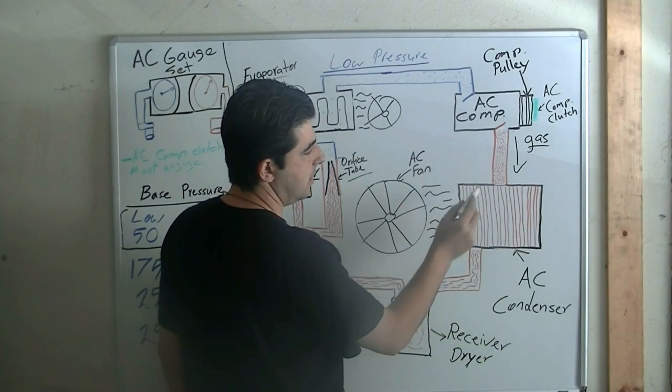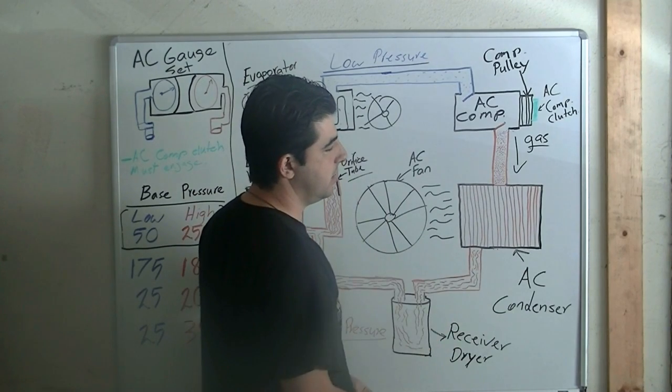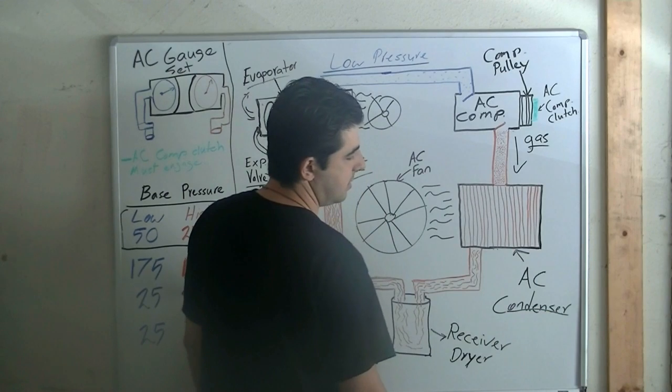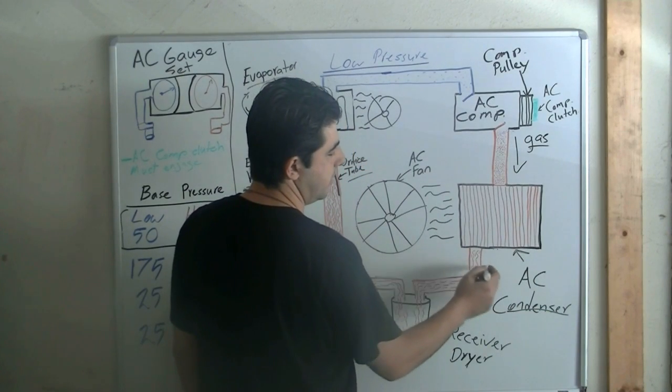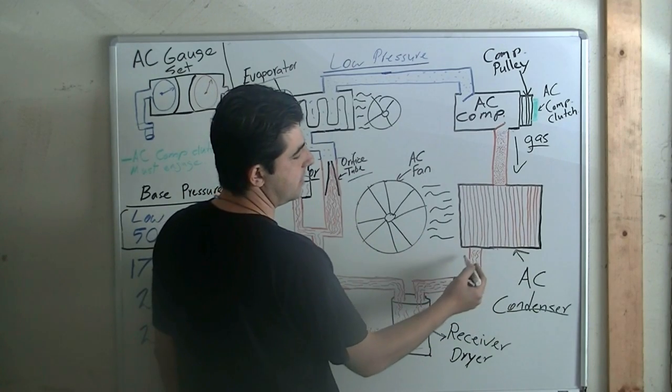After your refrigerant, which is in a high pressure gas state, cools, it condenses. The AC condenser, like it says, condenses it and it turns into liquid. So after it passes through your AC condenser, it's going to be in a liquid state.